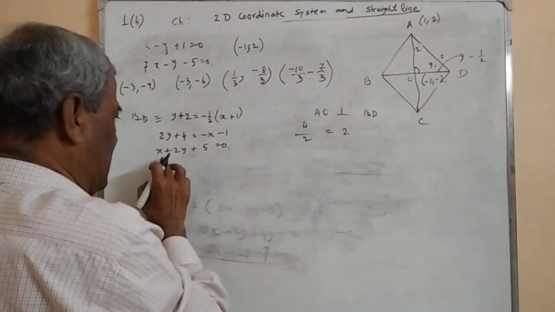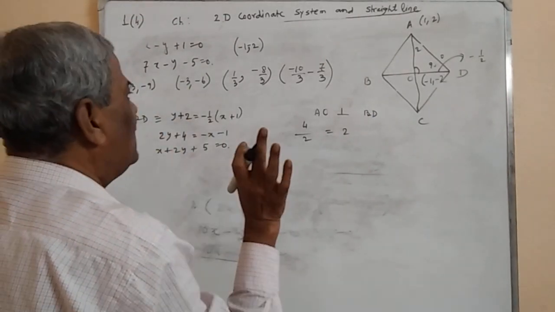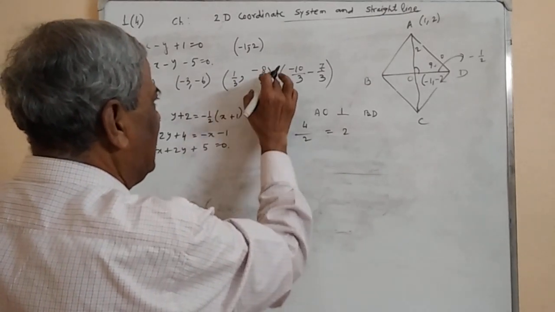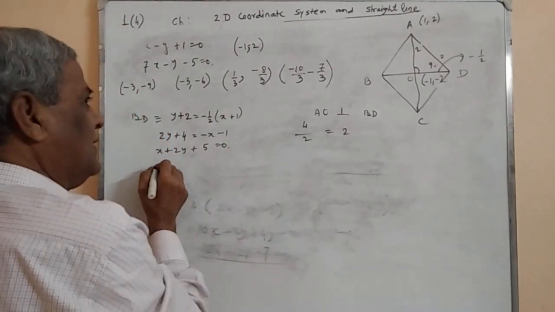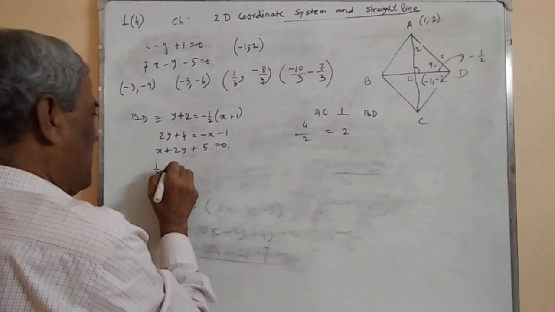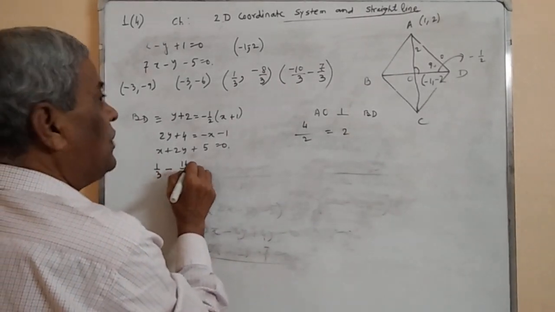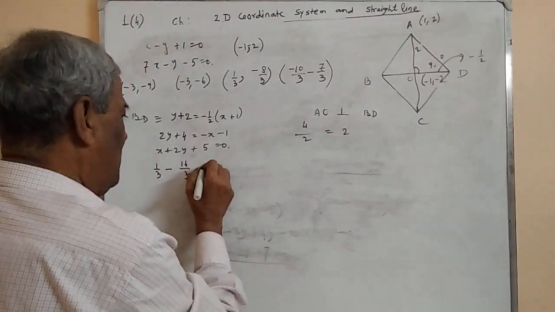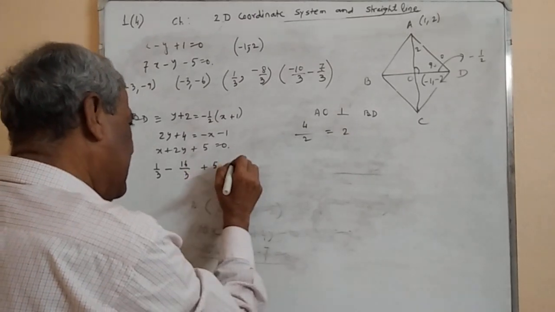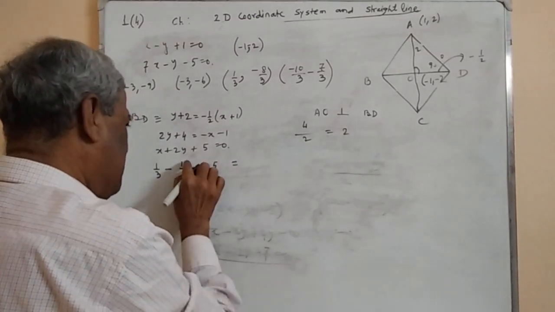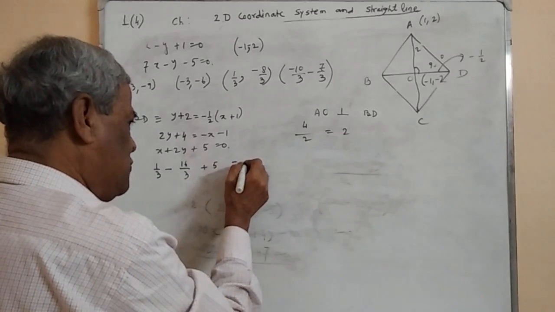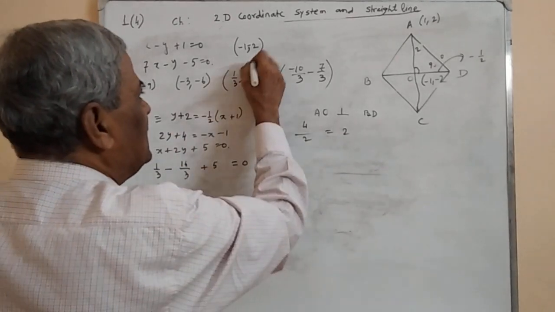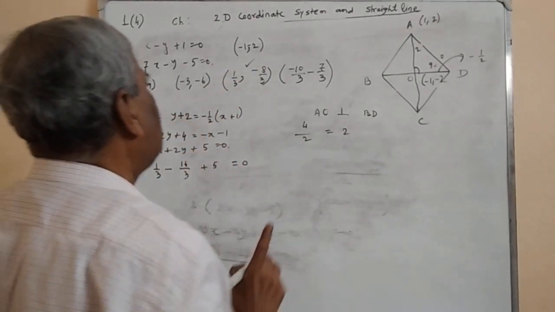Minus 3, minus 6 not lying on that. 1 by 3, minus 8 by 3. Let us see. Minus 16 by 3 plus 5. It is 0. Minus 15 by 3 is minus 5, plus 5, 0. So this may lie on that.